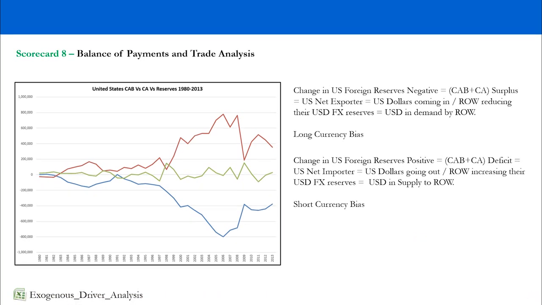Now, bear in mind, what we're looking at here is the US's own accounts. So we're looking at the US in a static analysis. We're looking at the US in absolute terms, very similar to the way we looked at things when we were analyzing in our endogenous analysis.